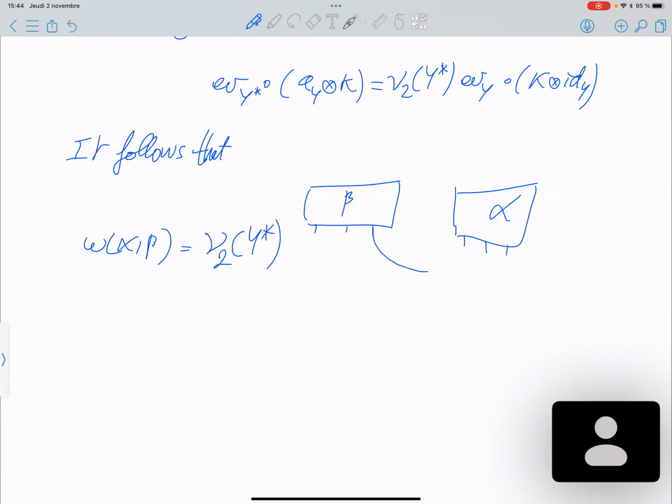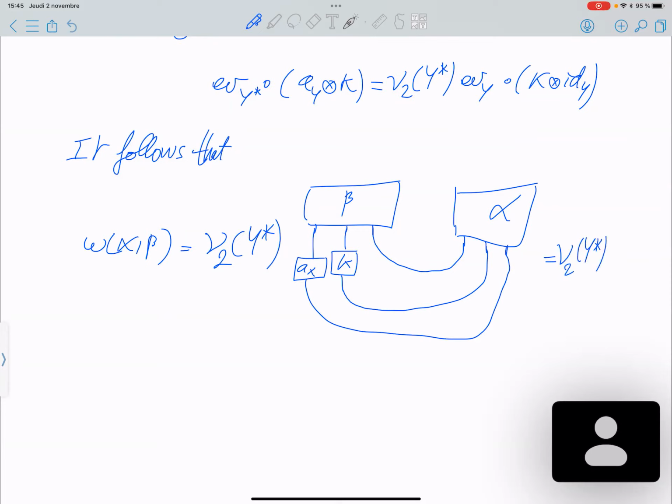So now this is clear. Kappa, as I said, and here you have AX. As I said, this is nothing but the second Frobenius-Schur indicator of Y star times omega beta alpha. Okay. So that's not very nice.